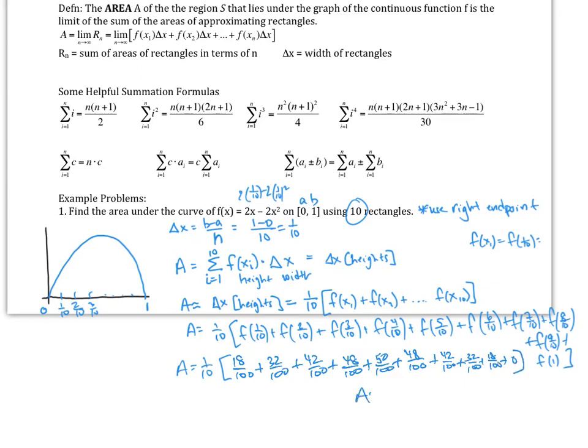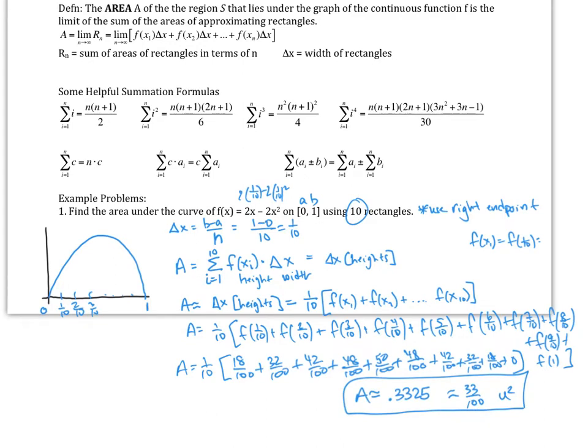So the area will be approximately 0.3325, which we ended up with as a fraction was 33 over 100 on this particular problem, and that's square units.